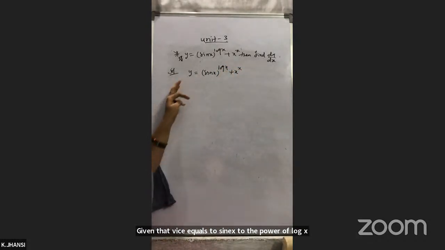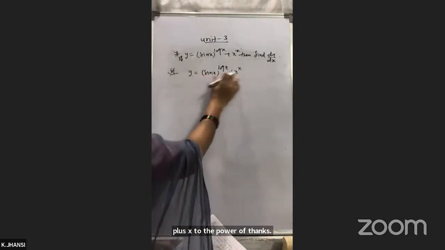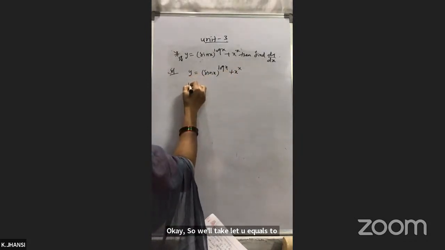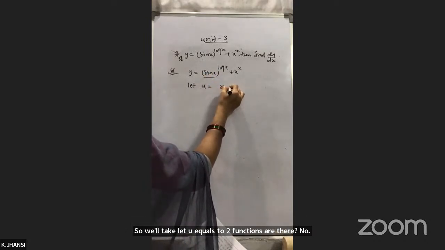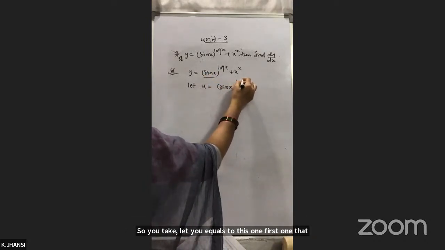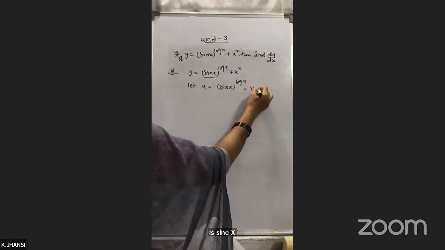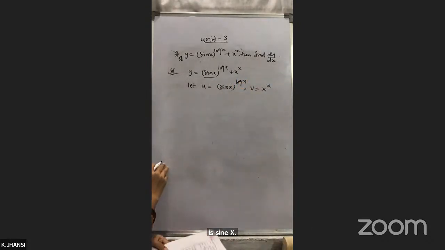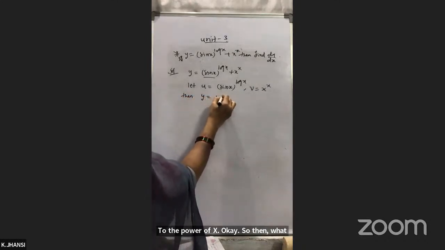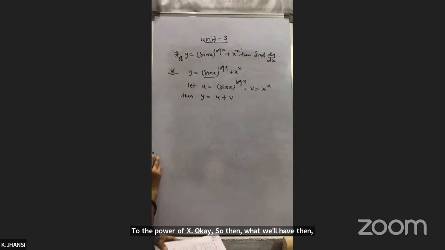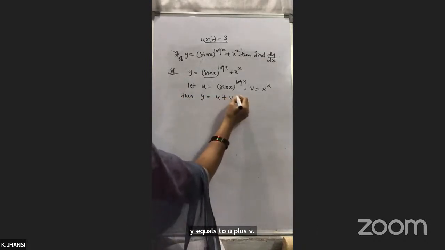Okay, so two functions are there, no? Let u equal the first one, that is sin x to the power of log x, and v equals x to the power of x. Then y equals u plus v. Now it is in this form.